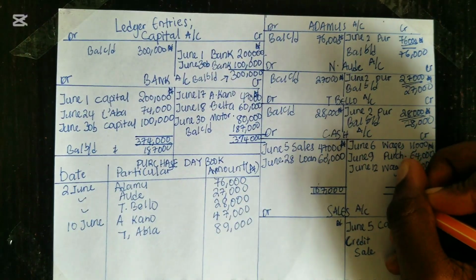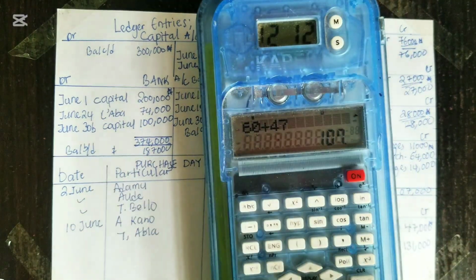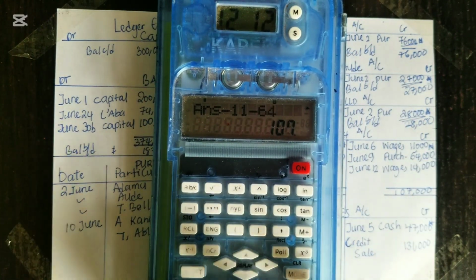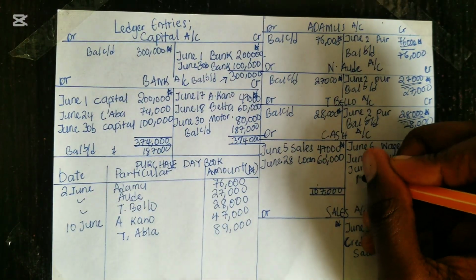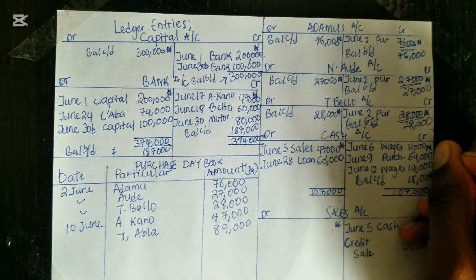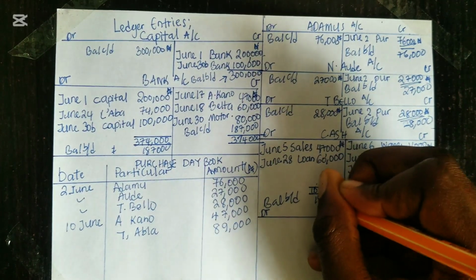That's 107,000, minus 11, minus 64, minus 14. That's 18,000. So our balance carried down is 18,000, and our balance brought down will be 18,000.